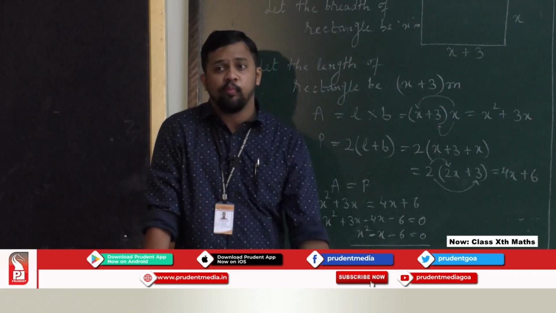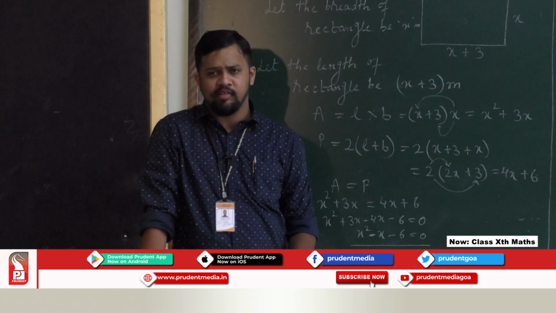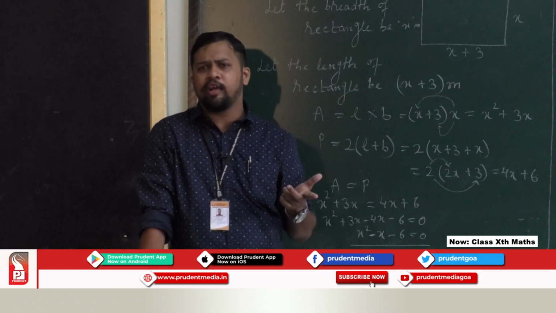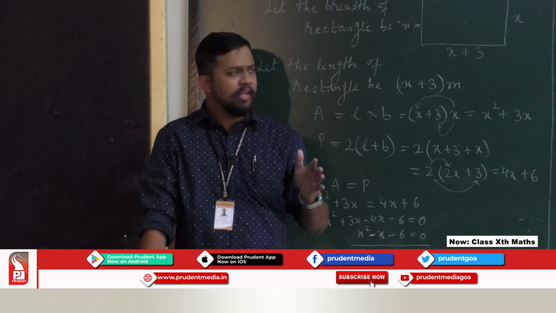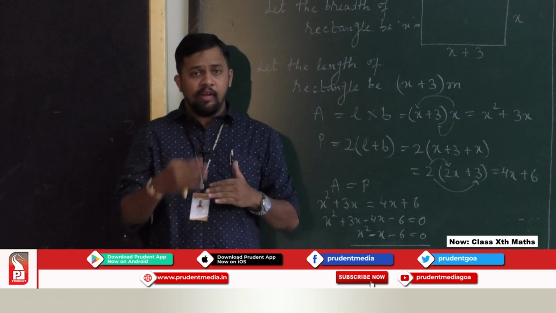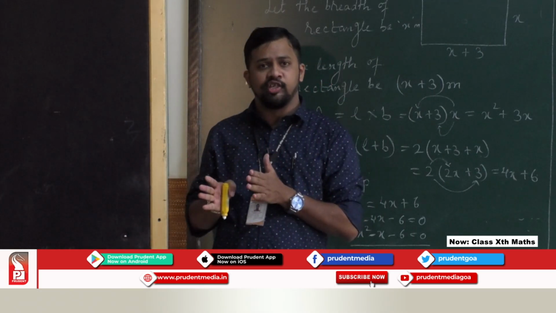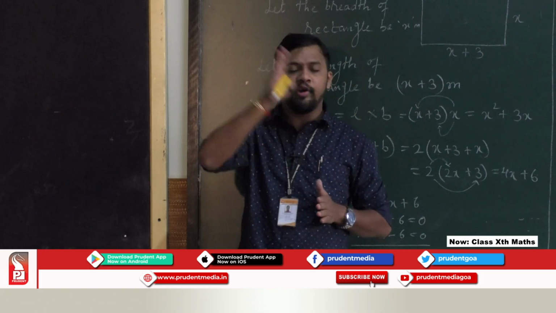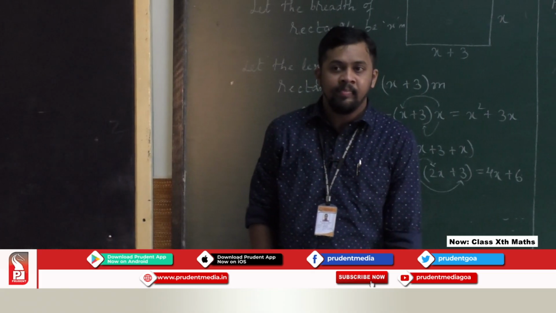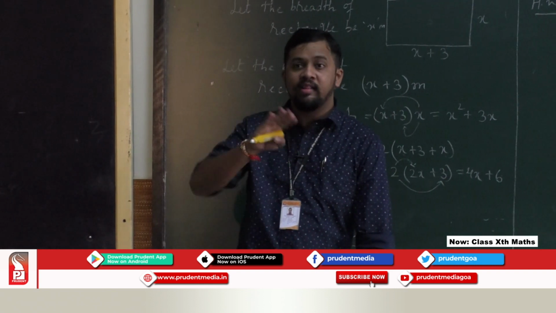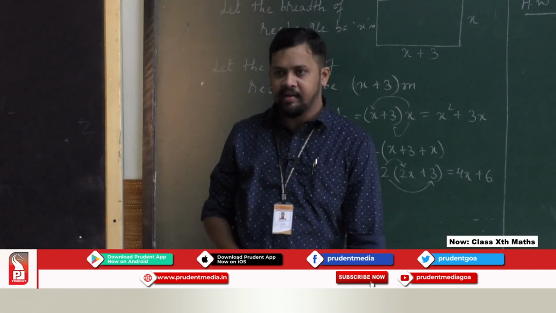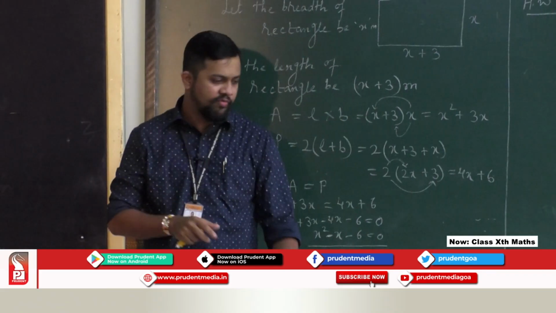They do not know where to put the negative sign or where to put the positive sign. So here I will give you a little trick which can easily tell you where to put positive and negative signs. Under this factorization, I will be solving 4 different types of equations so that you are familiar with these 4 equations with the different shifting of the signs. So let me start with the first one today.